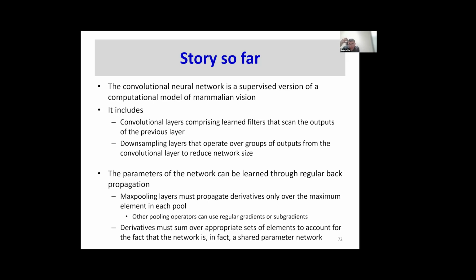That's because our network is, in fact, identical to scanning the input with a shared parameter network. And so when you propagate derivatives backward, we have to make sure that any derivatives computed are distributed or shared over the appropriate sets of elements that have a common value. And that's what all of these operations were doing.